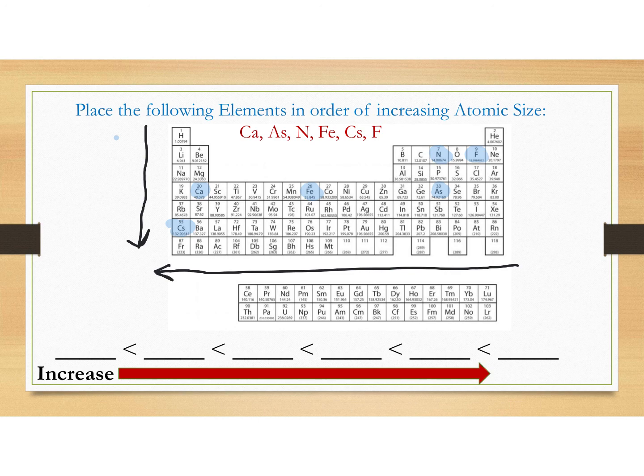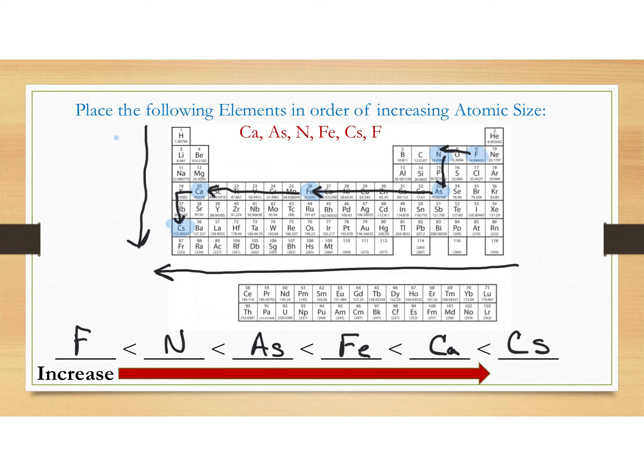It would go fluorine, nitrogen, arsenic, iron, calcium, cesium. What is the smallest element? That would be fluorine, then nitrogen, arsenic, iron, calcium, and cesium.